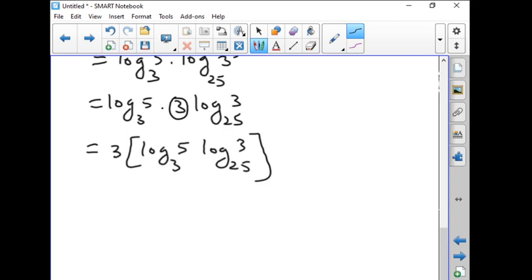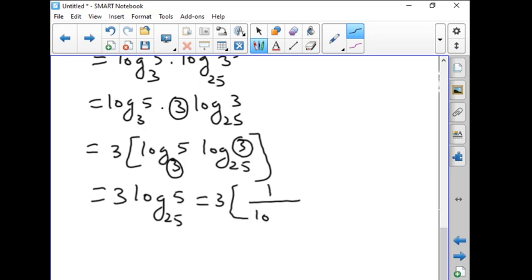Now I have told you when this both are equal, we can use change of base rule. So it is 3 into log 5 to the base 25. So this we can also write it as 3 into 1 by log 25 to the base 5. So what is it?